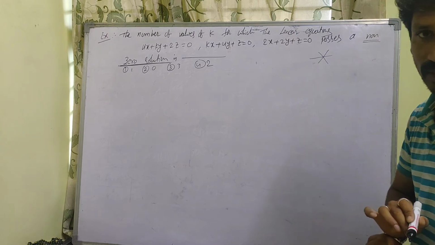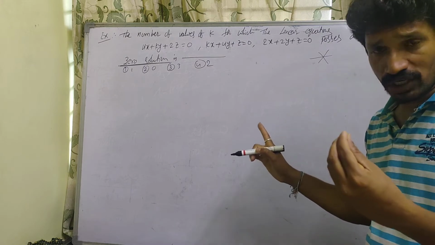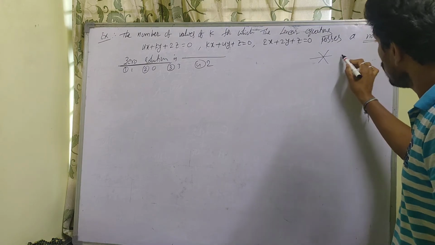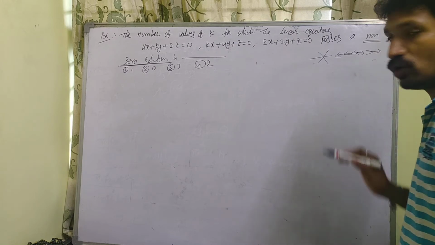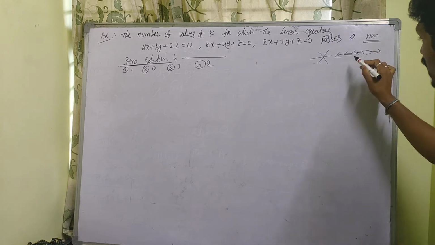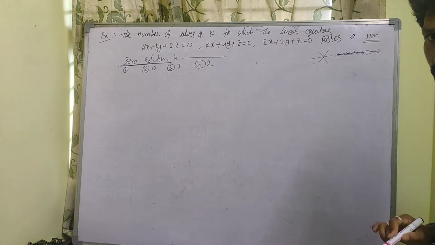The zero solution is obvious, a trivial solution. So non-zero solution means the lines are coincident. One of the solutions is the zero solution and other than zero solutions also it has, so remaining infinitely many solutions.